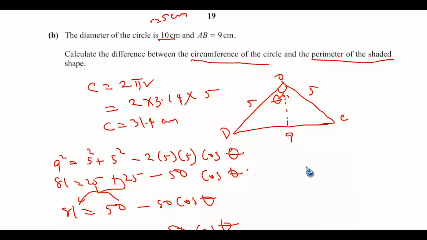So the difference will be 31.4 centimeters minus 27, and the difference is approximately 4.40. That will be the answer. That is the difference between the circumference of the circle and the perimeter of the shaded portion.